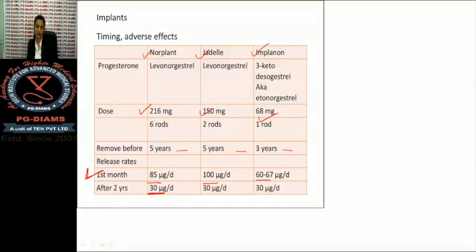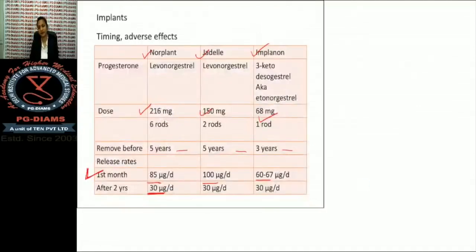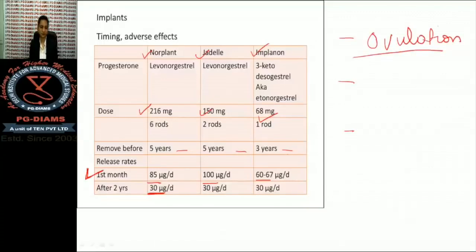Now, after all this, let us try to figure out what the mechanisms of action are. Before that, I'll tell you the 3 mechanisms of action of all hormonal contraceptives. One is cessation of ovulation. Hormonal contraception, like if I am giving E plus P, estrogen plus progesterone, has a negative feedback effect on the hypothalamus and the pituitary, and causes a decrease in follicle stimulating hormone and LH secretion.